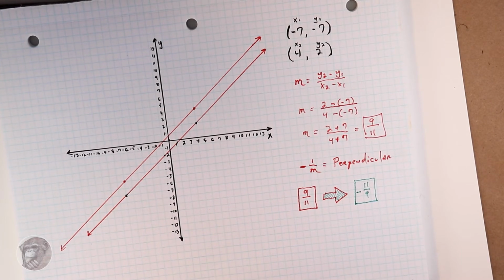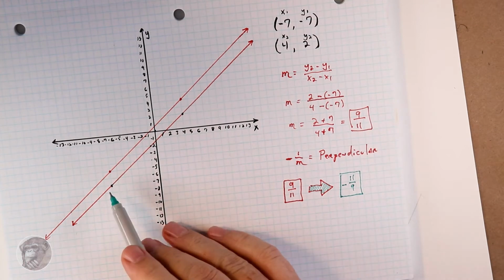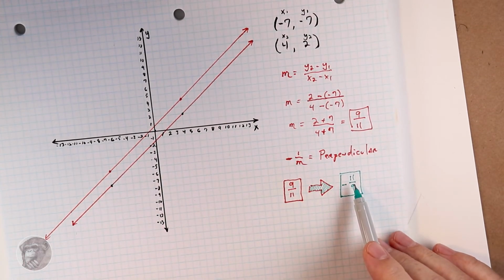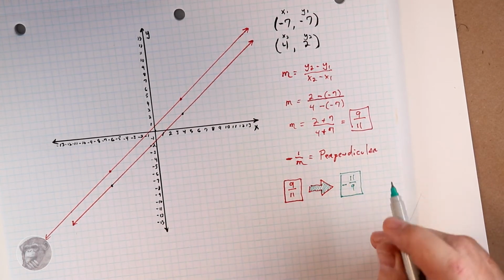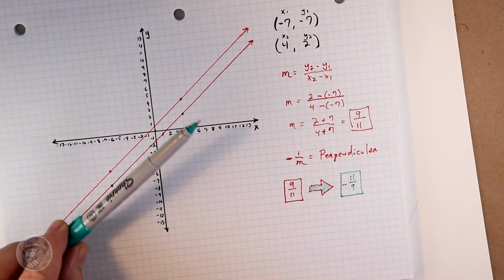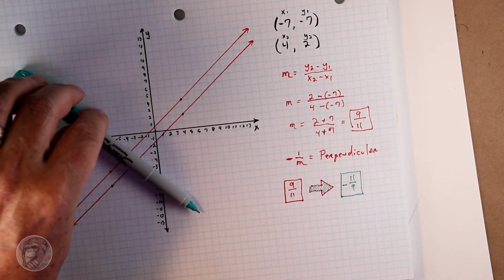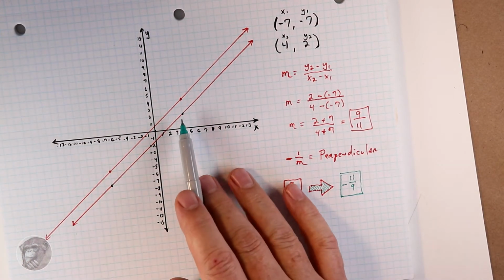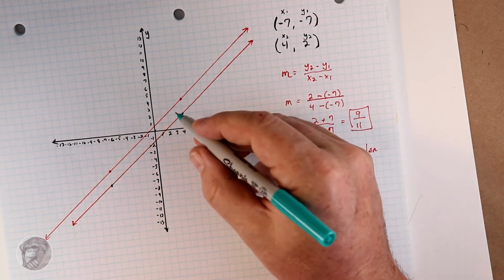The way we're going to think about this is we're going to find any one of these points, and we're just going to do a rise over run. Since we have a negative number, we're going to switch from an uphill positive slope to a downhill negative slope. Let's start with this one over here, because this one's kind of in the middle. I want to get to something that's perpendicular to this one. So that's the point I'm starting with right here.